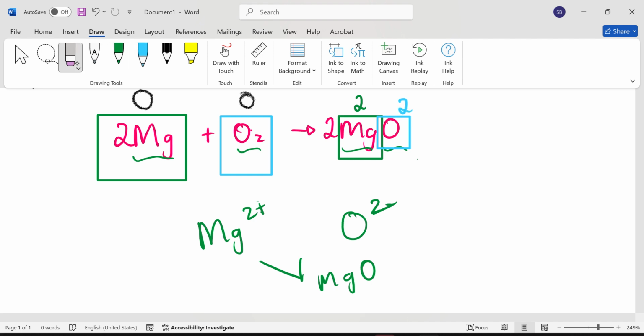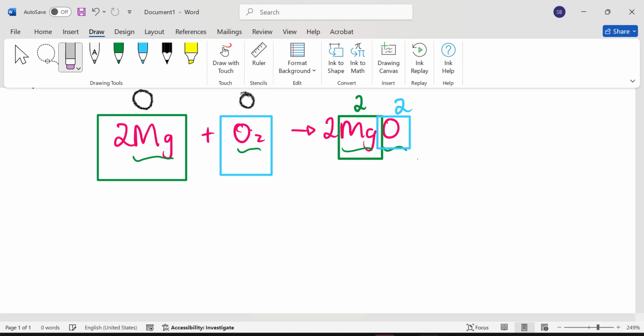Now, why is it that it's not 0? This is not 0 because it's not just oxygen alone, but it's oxygen with magnesium. It's not just magnesium alone, but it's magnesium with oxygen. Hence, we don't give it an oxidation number of 0. But on the reactant side, we had magnesium and just magnesium, thus magnesium had an oxidation number of 0.